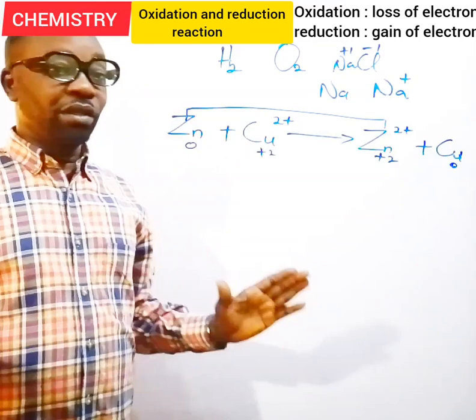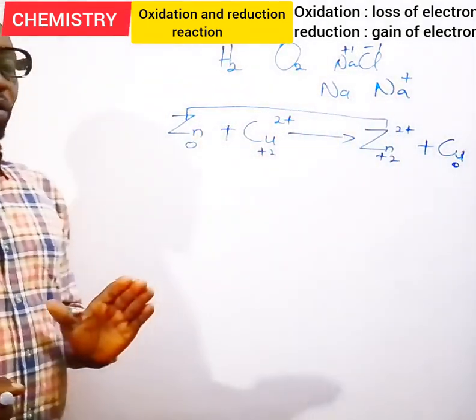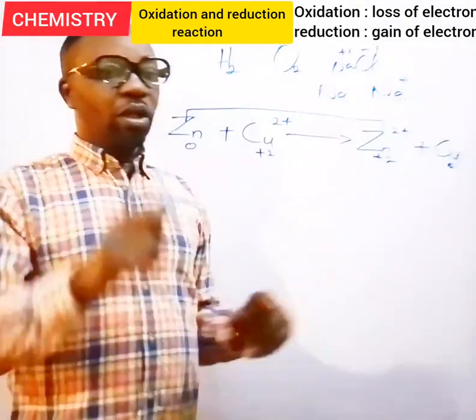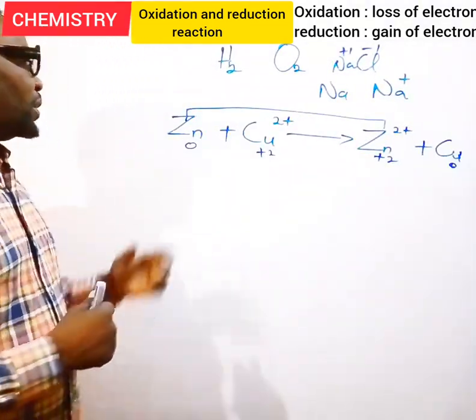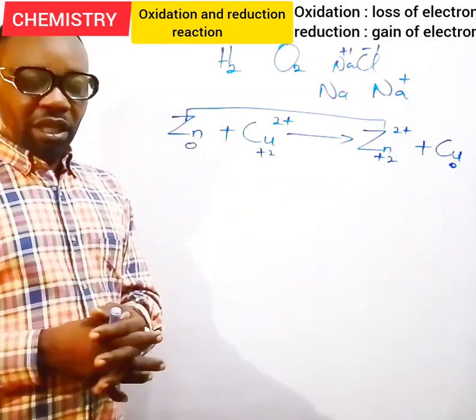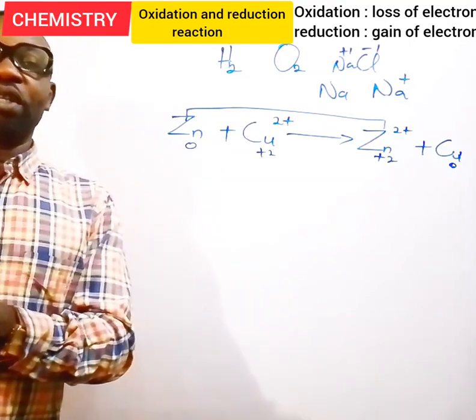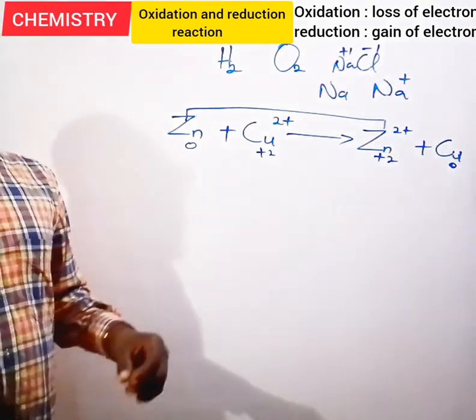This is oxidation number. You can see that there's an increase in the oxidation number from 0 to +2. According to what I have given you before, when an atom or a compound loses an electron, oxidation is what? Loss of electron. It will lead to what?